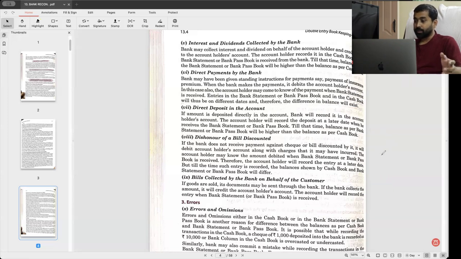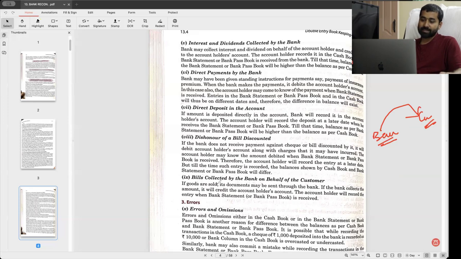Shreya already received that 45,000, and now Shreya has to pay that money back to the bank. So for the dishonor of the bill, who finds out first? The bank finds out first. The company will find out after some time, when the bank approaches the company again.